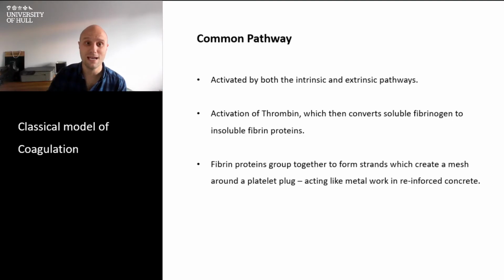But its main job is to take soluble fibrinogen, which is created in the liver, and turn it into insoluble fibrin, out of which the strands are made, which then go on to form the mesh, which when added to the platelet plug, which we'll talk about in a further tutorial, reinforce the clot and make it into a much more stable thing.